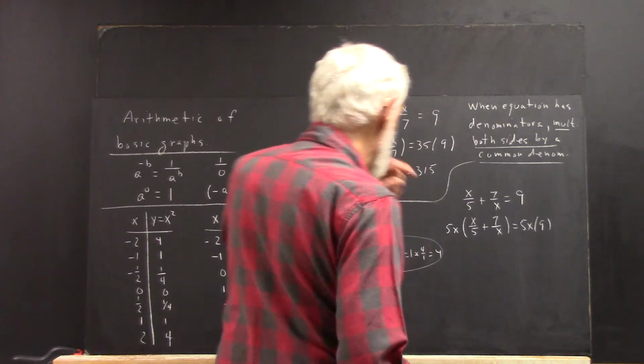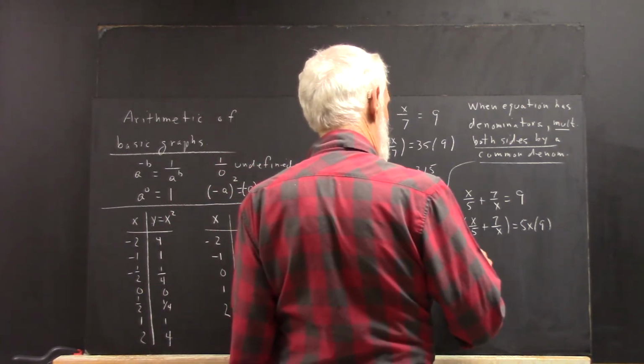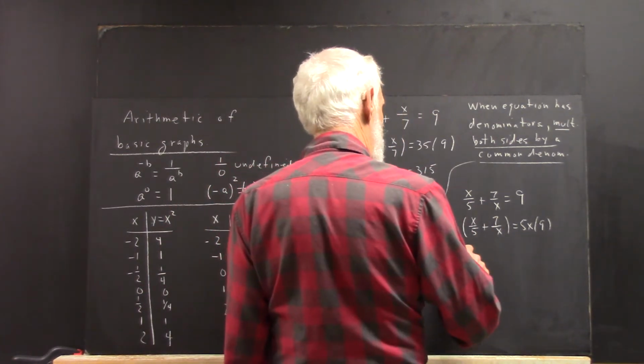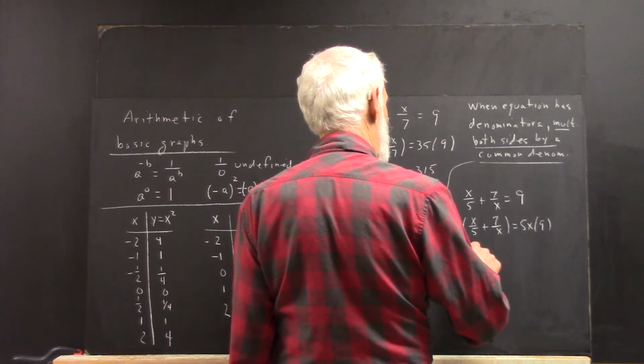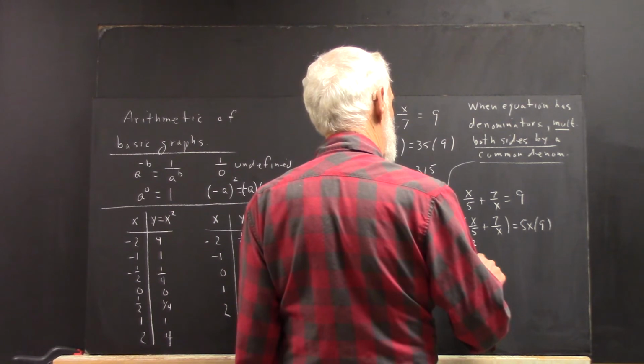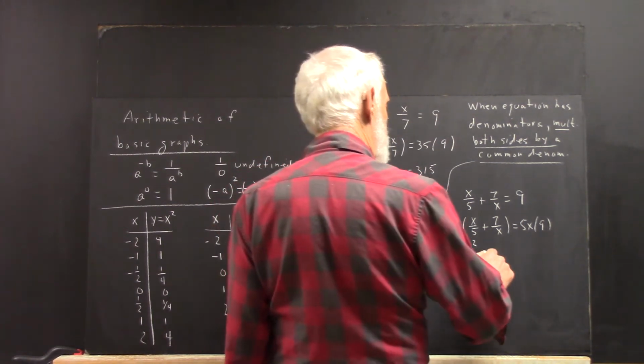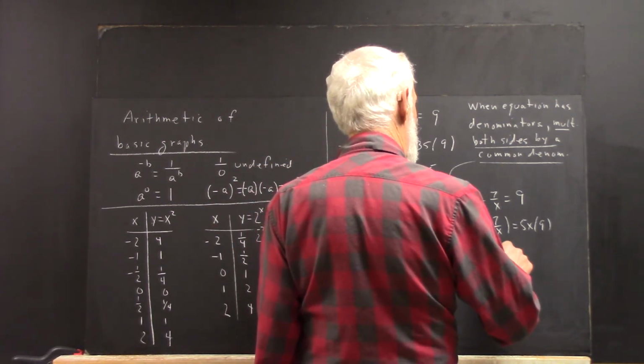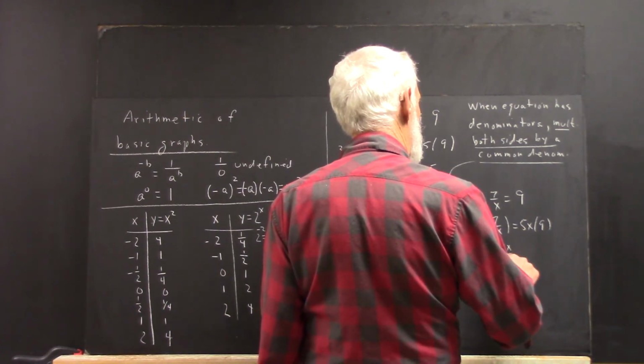Okay, so anyhow, we multiply this out, and we get, I'm going to do a little more detail here. That's 5x squared over 5, and this is 35x over x.